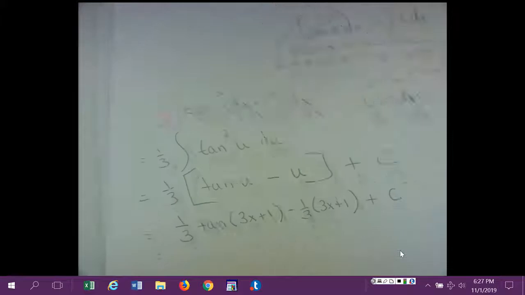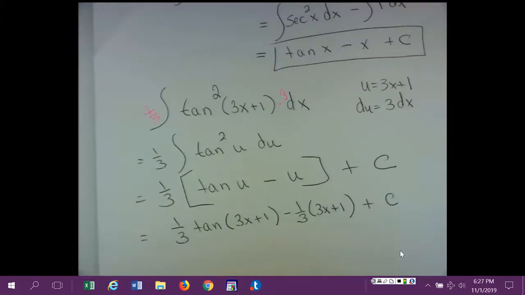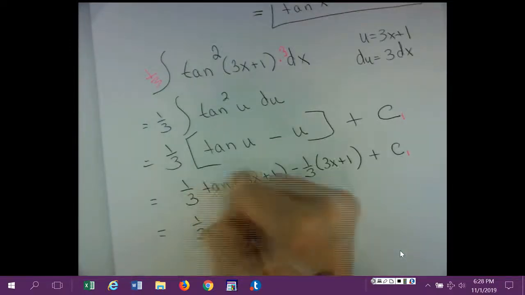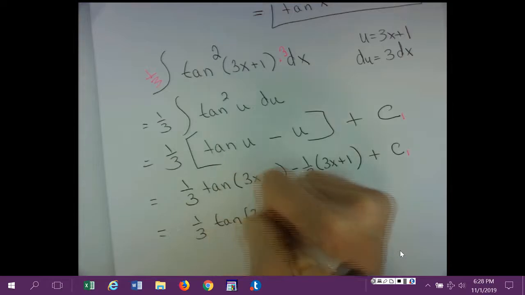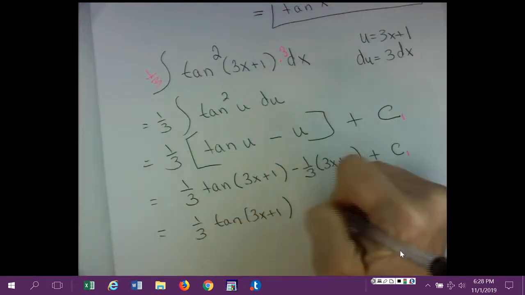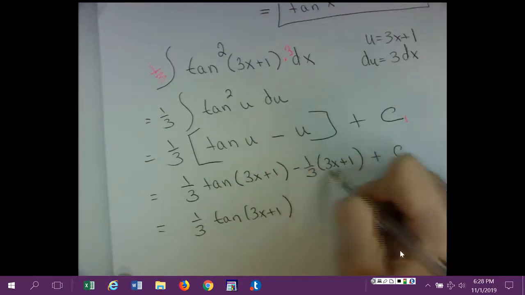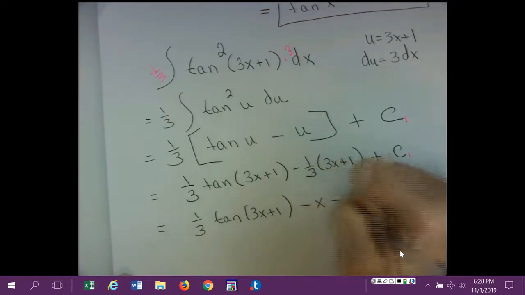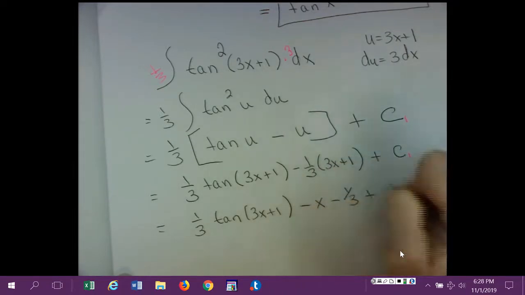So I distributed the 1/3 to both of them, and I went ahead and said u was the 3x plus 1. So your final answer, oh no, it looks like I'm going to have to do this. I didn't realize it until I'm looking at what I'm going to have to do to simplify. That's going to be negative 1/3 times 3x is going to be minus x minus 1/3 plus c sub 1.